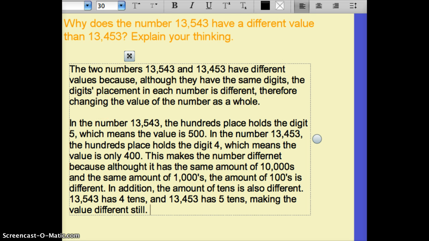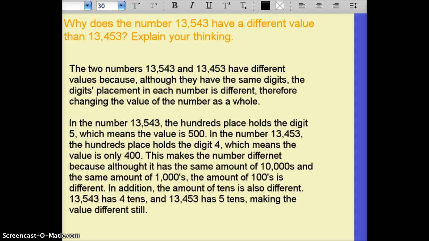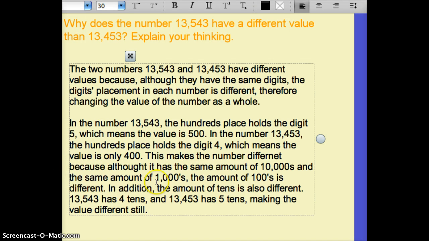Okay, so you can see now I have mentioned that the digits are the same, but the place value and the digits work together to make value, and then I've talked about the differences in the value and what they have the same too. So I'm going to highlight the differences. Here's where I'm talking about the differences. I'm going to highlight that in red.